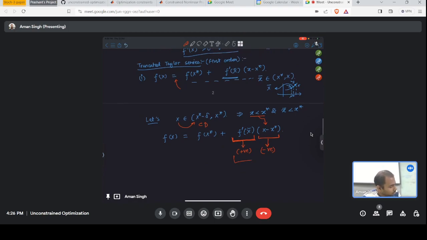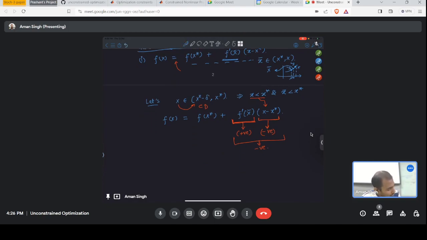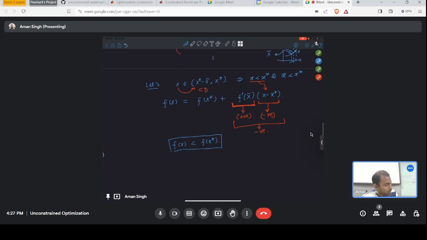So this whole quantity is negative, which means that fx is less than fx star. Correct? This is what we proved. But hold on, we assume that x star is the local minima. So fx star should be the minimum around some neighborhood, right? So this is a contradiction.